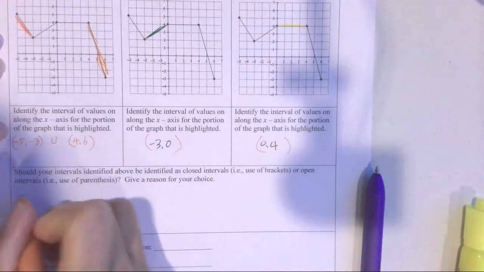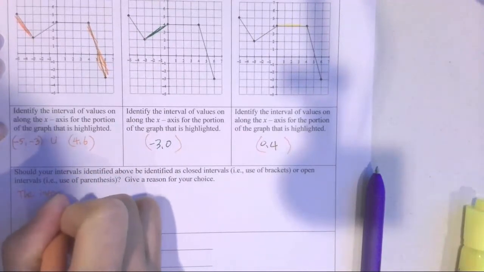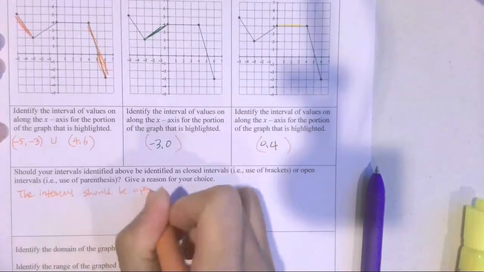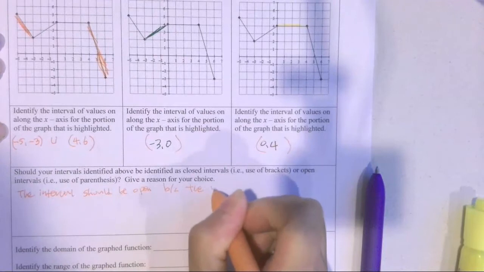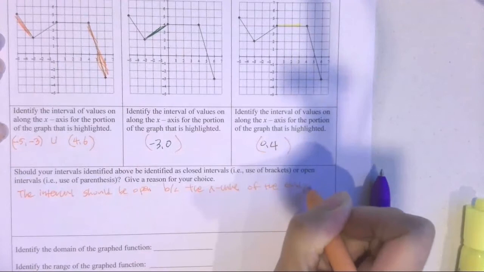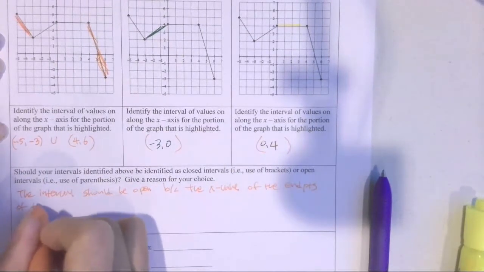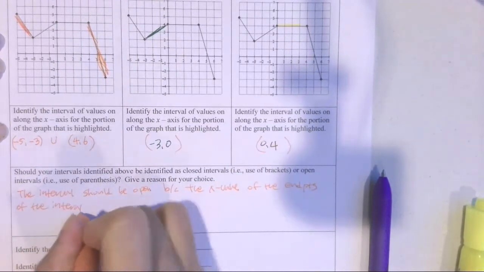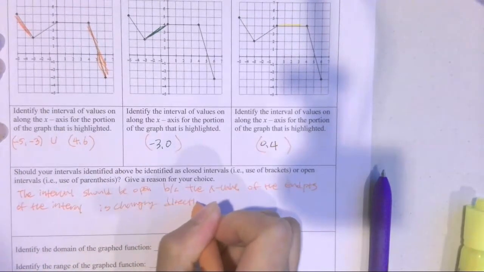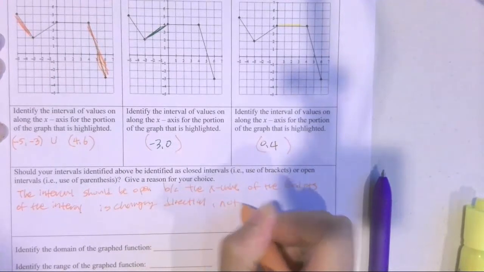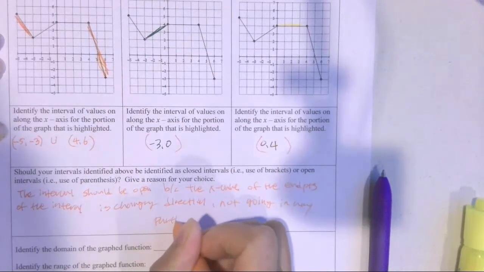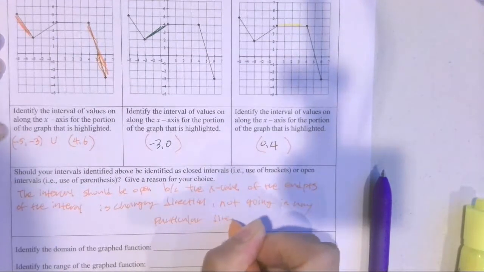Give your reason: the interval should be open because the x value of the endpoints of the interval is where the graph is changing direction. Therefore, it's not going in any particular direction. I'm going to explain in a second.